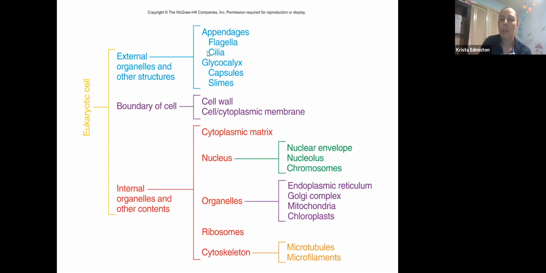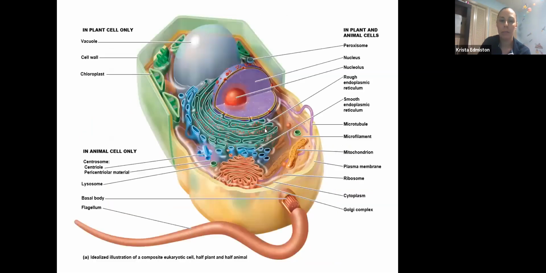Our eukaryotic microbes also have structures on the outside, so they also have flagella. As we'll see, they're a little bit different than what we see in prokaryotes. They also have things like glycocalyx and slime layers. They do have cell walls, and we'll talk about the difference in the cell wall. They have a cytoplasmic membrane, and then all these lovely internal organelles that are not found in the prokaryotes.